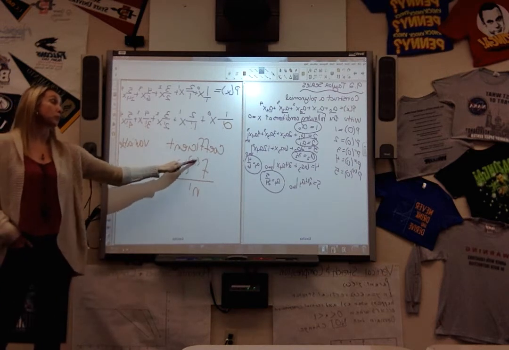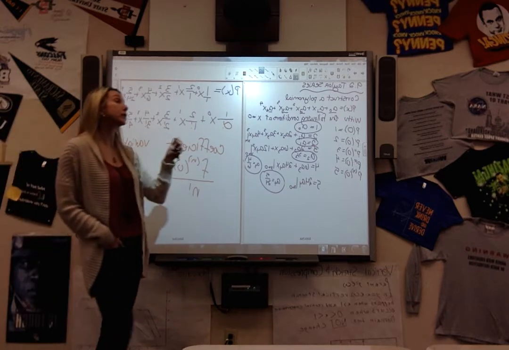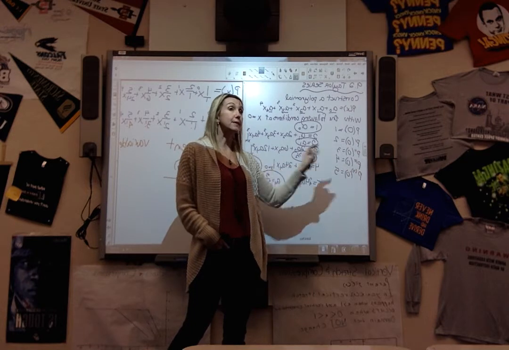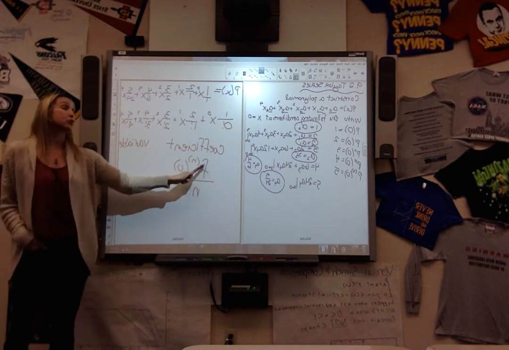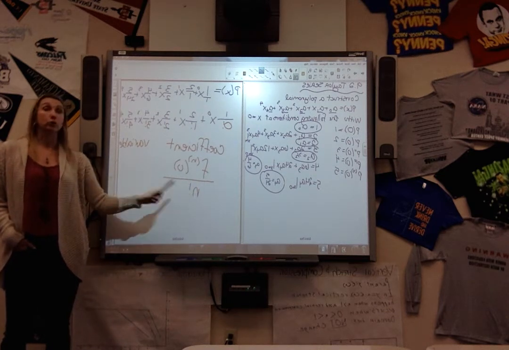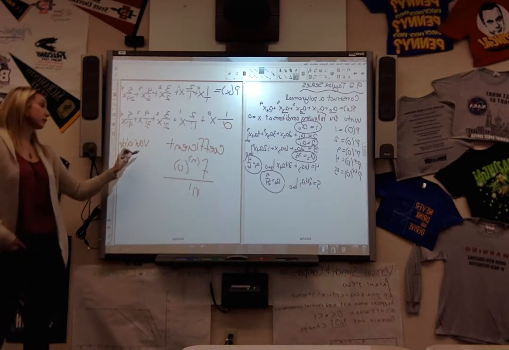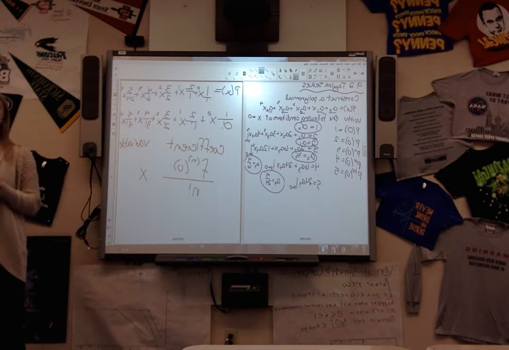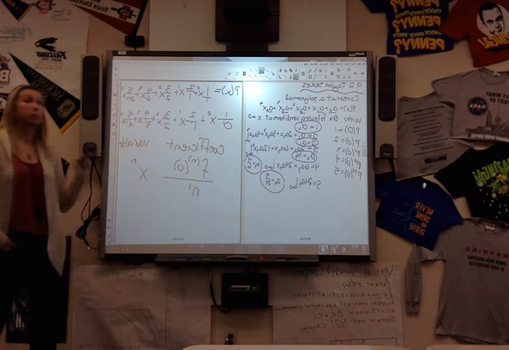Remember, parentheses means that it's the derivative, so it's not a power. Over here, when I did the fourth derivative, it was in parentheses to indicate that it was a derivative and not an exponent. So it's the nth derivative of my function, evaluated at 0, over n factorial. And then your variable piece is x to what power? The n. Okay, so all of these match.